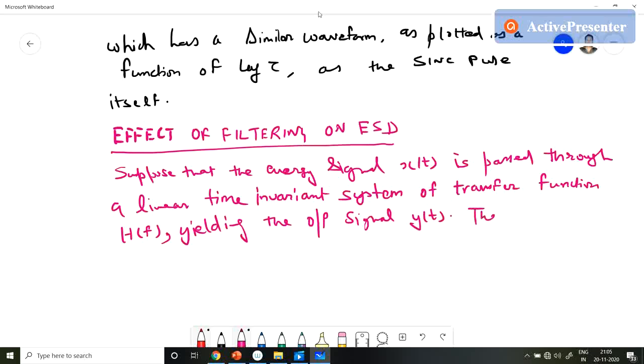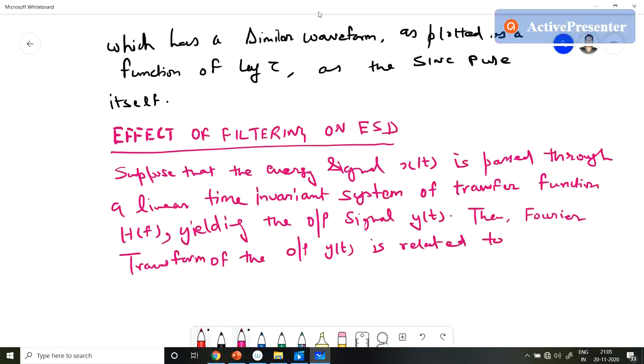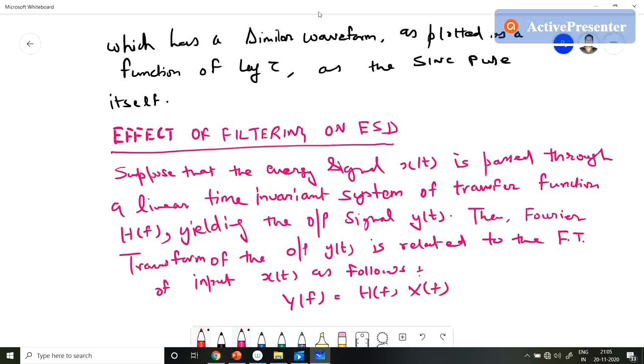Then the Fourier transform of the output y(t) is related to the Fourier transform of the input x(t) as follows: Y(f) is equal to H(f) multiplied by X(f).